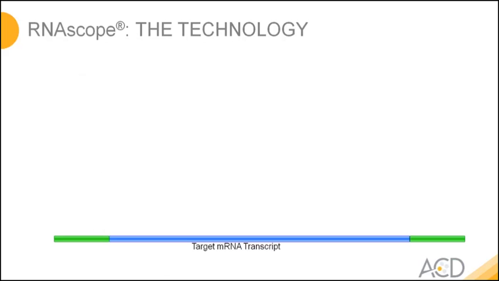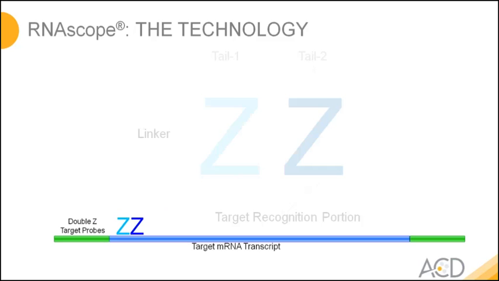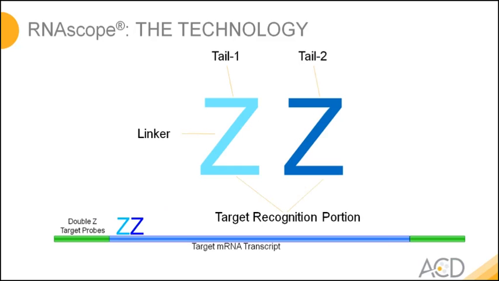So how does it work? The first trick we apply is we design pairs of oligos that bind to the target transcript you're interested in next to each other, as shown here. These oligos consist of 3 parts. There is a target recognition part that is complementary to the RNA, and this is about 23, 24 bases.